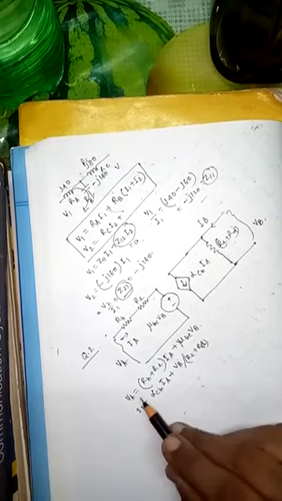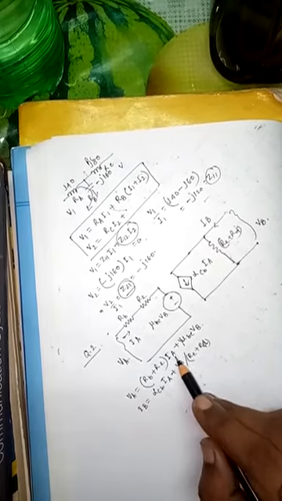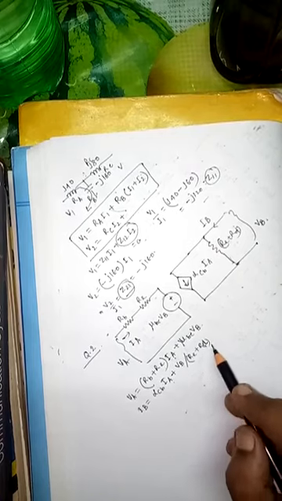So it is VA, it is IB, this is IA, this is VB.